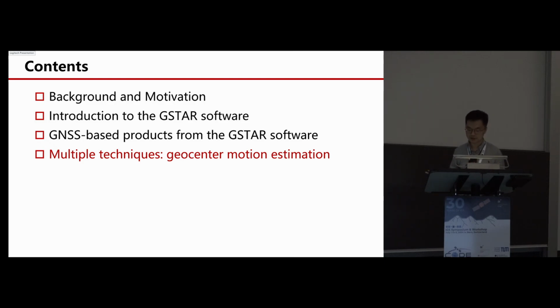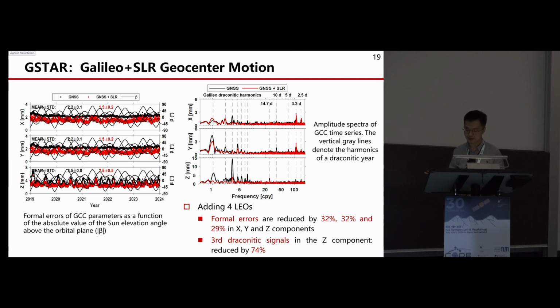Next, let me briefly introduce the evaluation of multiple geodetic data processing at the observation level for the geocenter. This is the combination of Galileo and SLR results. The left figure shows the formal error time series as a function of the absolute value of the sun elevation angle, and the right figure shows the corresponding amplitude spectrum.